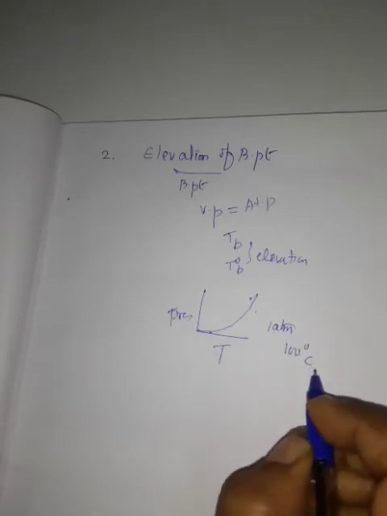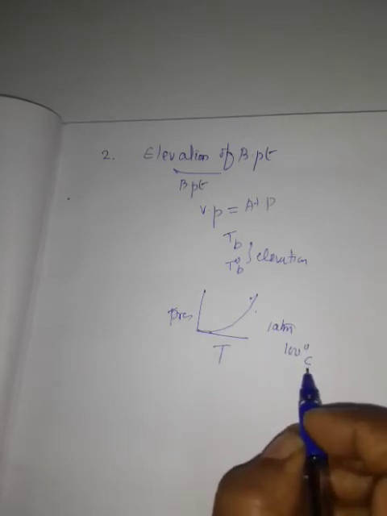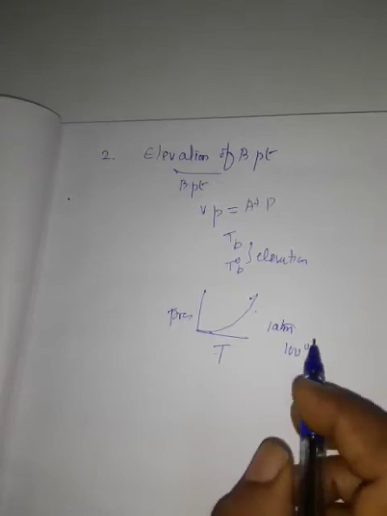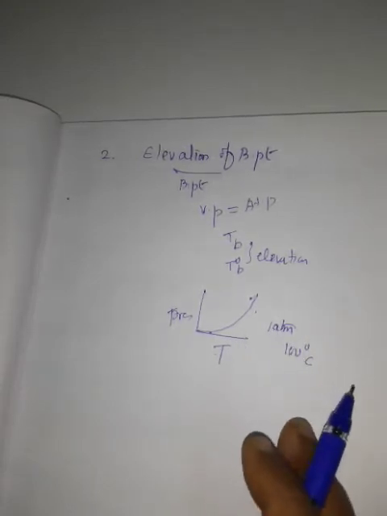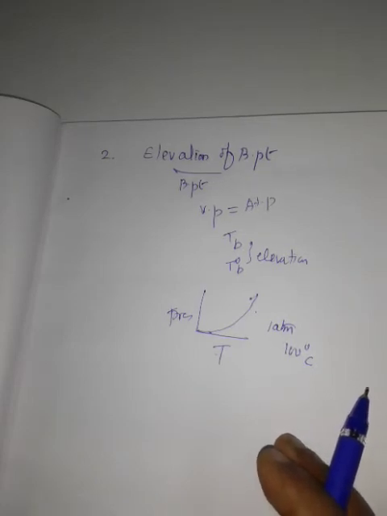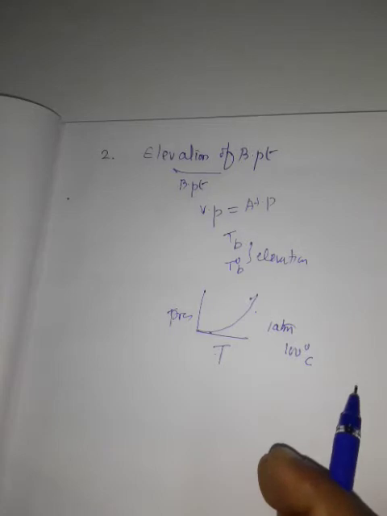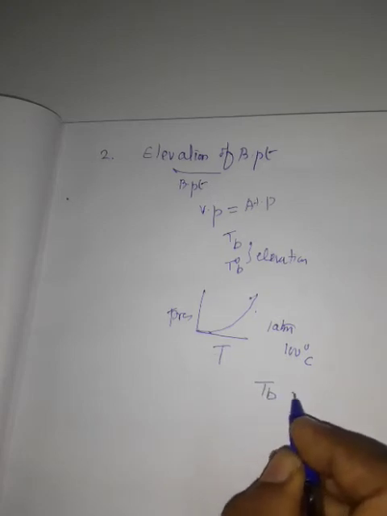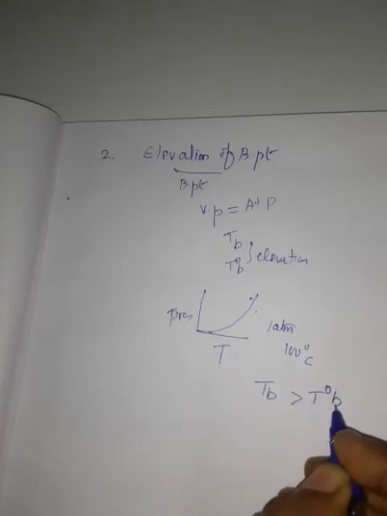When a solute is added to water, the vapor pressure of the resultant solution is lowered. The variation of vapor pressure with respect to temperature for the solution is given in the graph like this. So from the graph it is evident that the vapor pressure of the solution is equal to 1 atmospheric pressure at a temperature TB, which is greater than T0B.